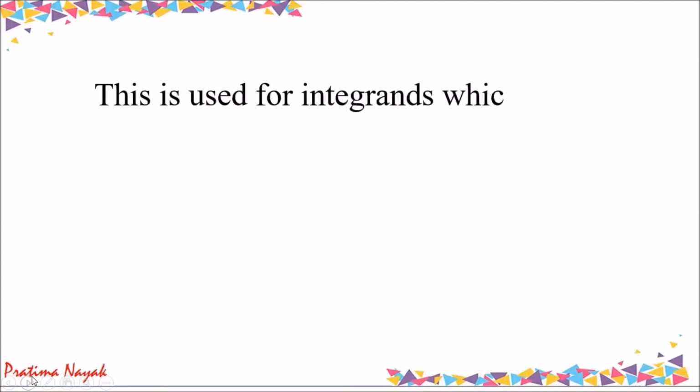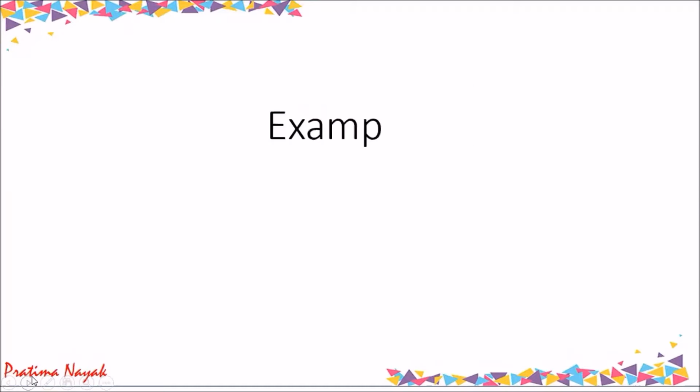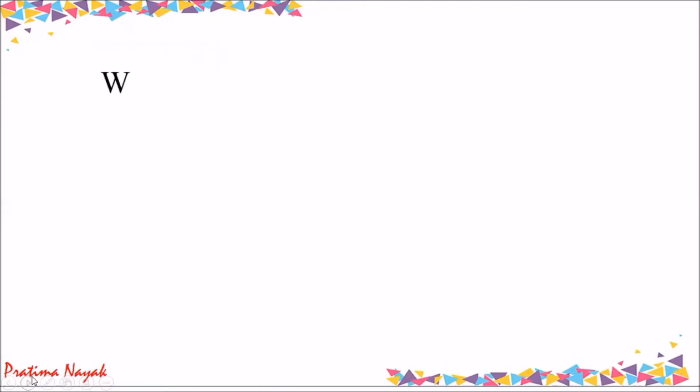The substitution method is used for integrands which have no direct antiderivative. Examples are tan x, cot x, and many more questions will go. Now we'll solve it. When we go for the antiderivative of a function, we get the function.